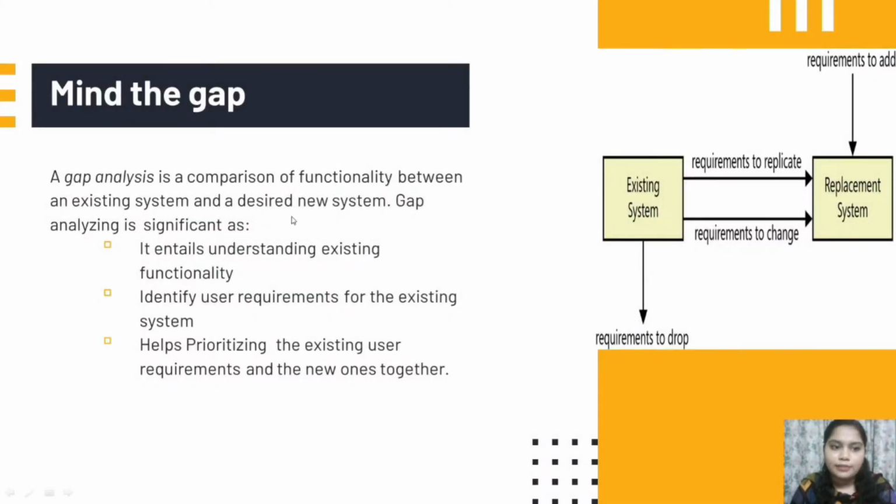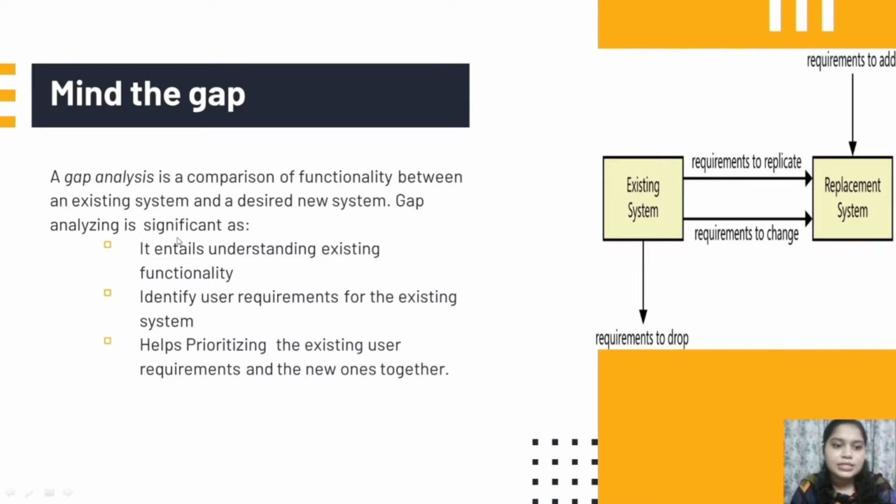Next, we have mind the gap. A gap analysis is a comparison of functionalities between an existing system and a desired new system. Gap analysis can be described in different ways, including use case scenarios and different features.